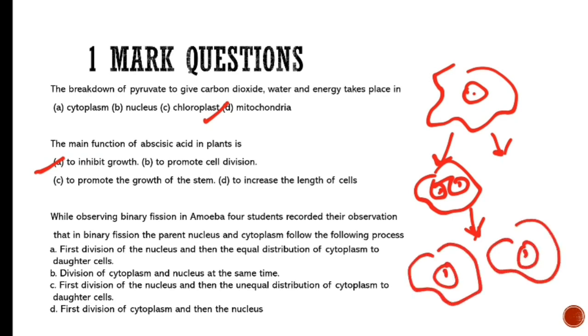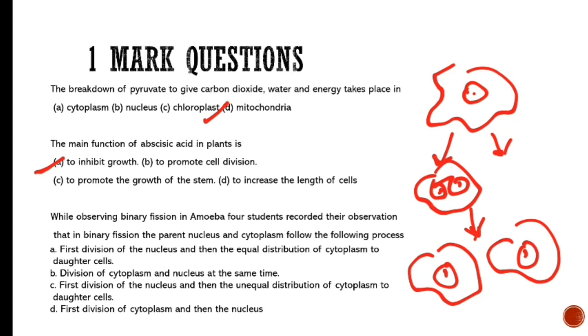Here they have given options: first division of the nucleus and then equal distribution of cytoplasm to daughter cells; division of cytoplasm and nucleus at the same time; first division of the nucleus and then unequal distribution of cytoplasm to daughter cells; first division of cytoplasm and then the nucleus.